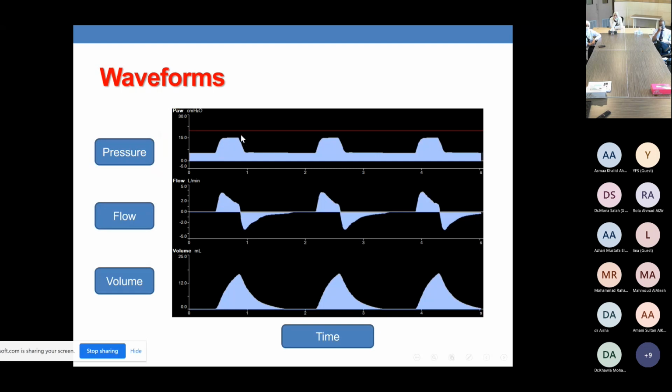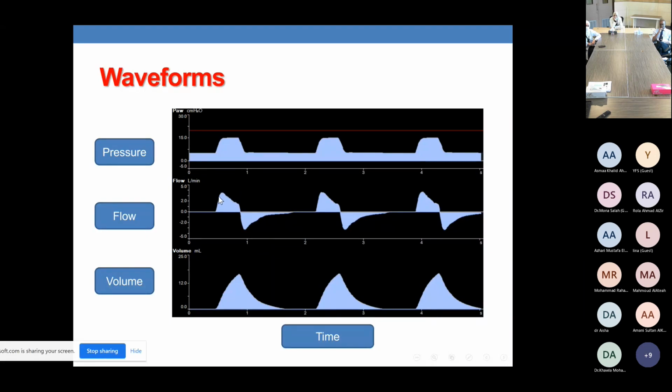Then this is the time of cycling, stopping the ventilation, opening the expiratory valve, expiration, and then it will go back to PEEP again. Yes, the plateau here. Then the flow: it needs to start at 0 and go back to 0. This is the inspiration, and this is the exhalation. Again, it should start at 0 and go back to 0.